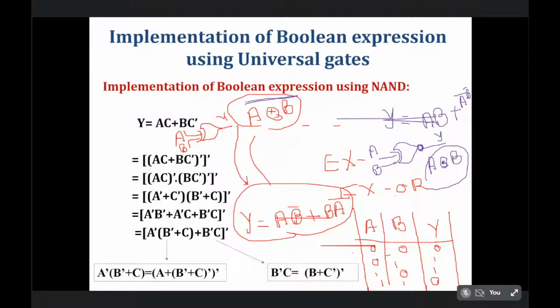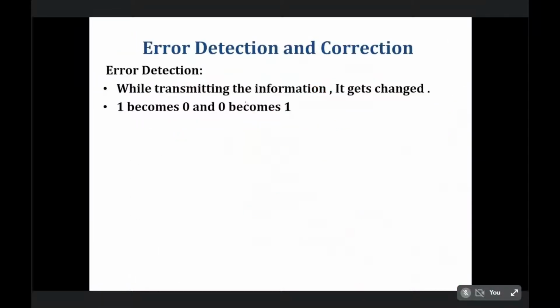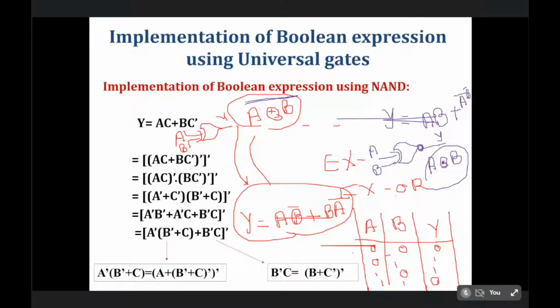Okay, so next, from the first unit we have completed up to the implementation of Boolean expression using universal gates. We have seen the different gates, all of the universal gates and exclusive OR and exclusive NOR gates. Next is how we can use this exclusive OR and exclusive NOR function in certain applications. We'll see here.